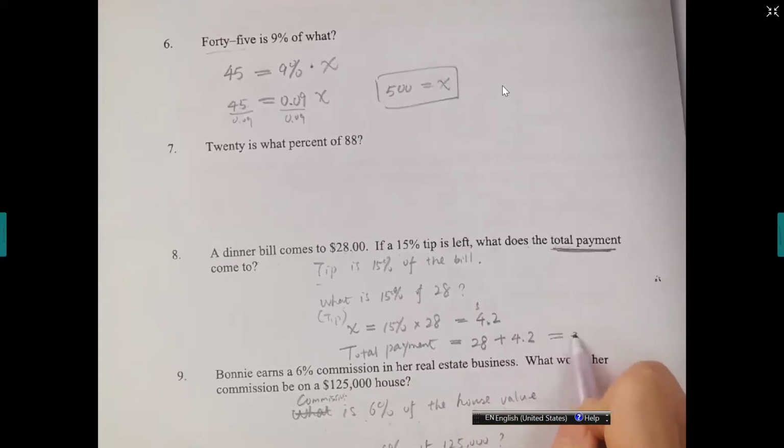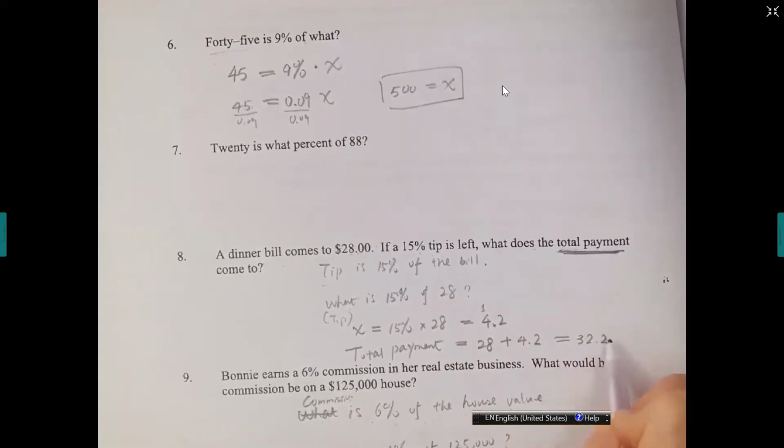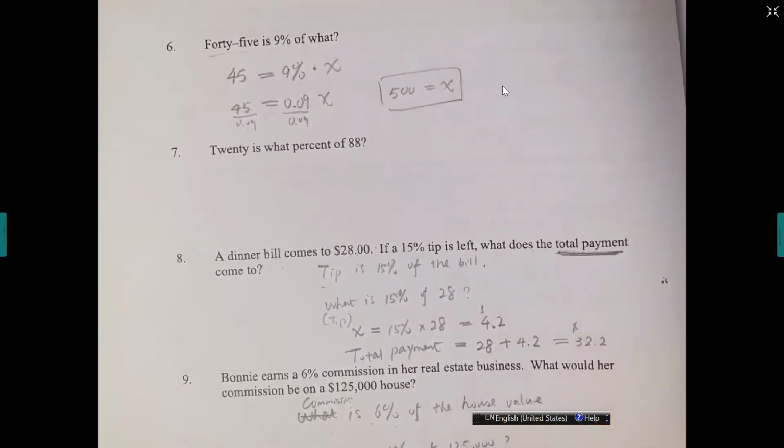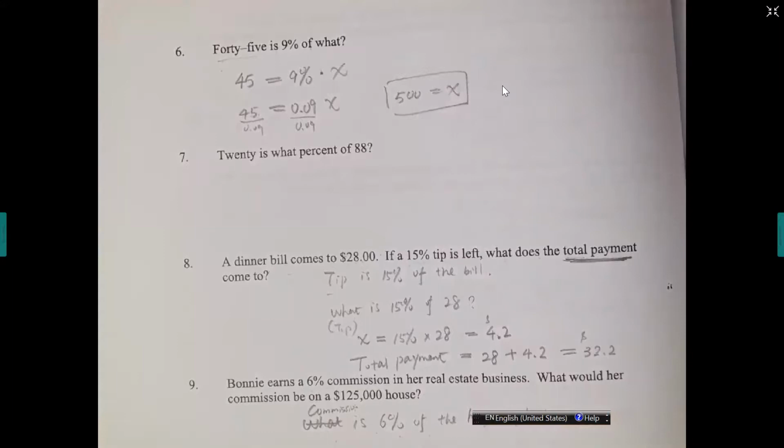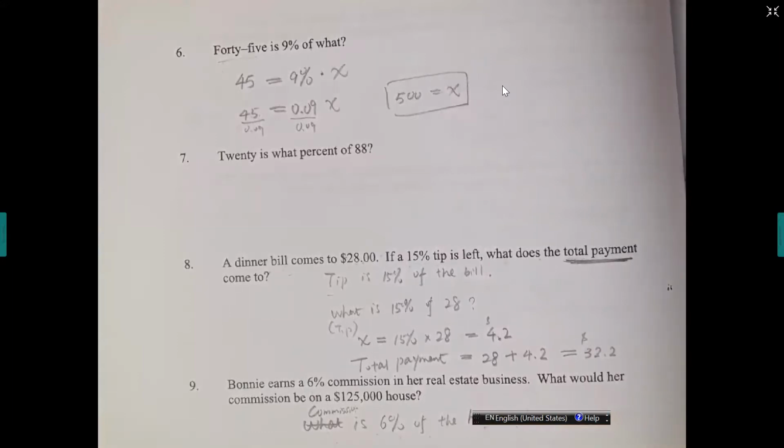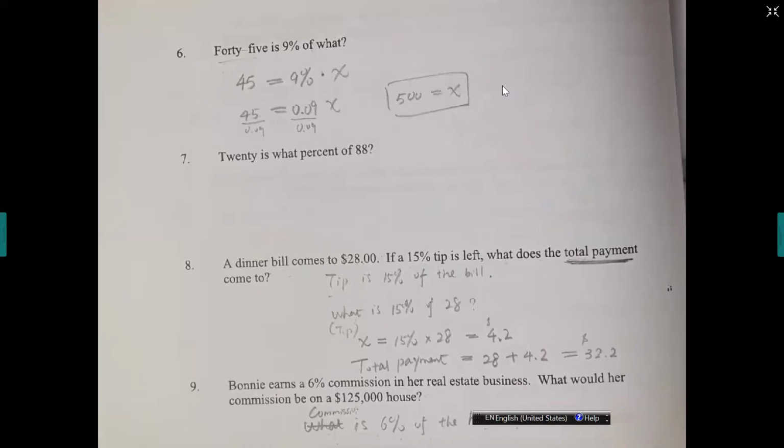Add those two numbers, $32.2. Which means totally out of your pocket, you spend $32.2 on the dinner. You not only pay for the food, you pay for the service as well. That's what we have. So pay attention to those problems.